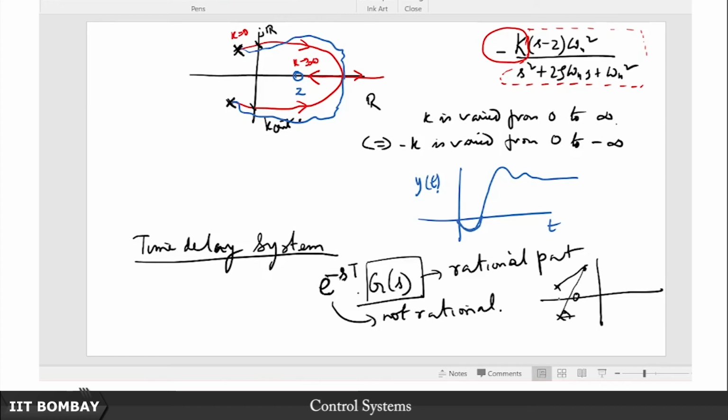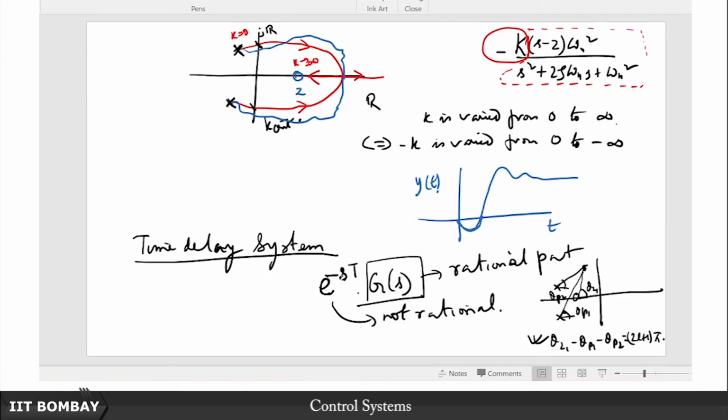So you compute this angle, this angle, and this angle. So this is theta z1, this is theta p1, this is theta p2. Then you evaluate theta z1 minus theta p1 minus theta p2, and you check if it's an odd multiple of pi. If this is true, then this point does indeed lie on the root locus.